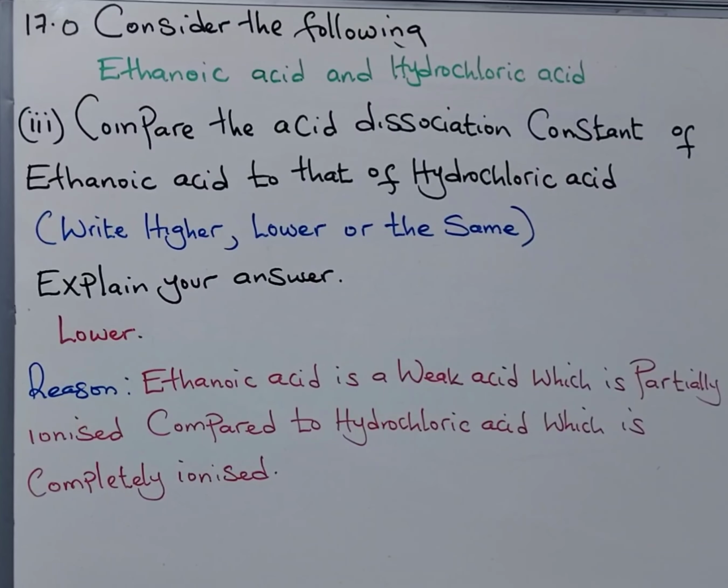Ethanoic acid is weak and partially ionized, while hydrochloric acid is strong and therefore completely ionized.